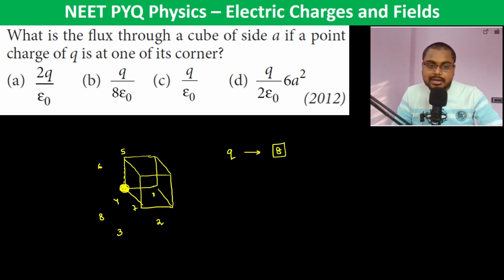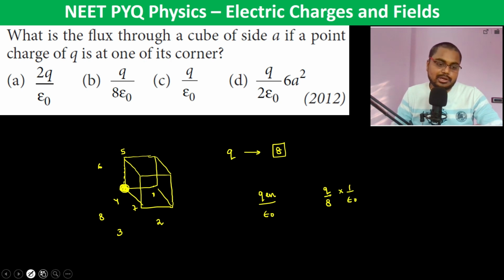So only 1/8 part is inside this cube. So now the flux is going to be equal to Q enclosed divided by epsilon naught. Since Q by 8 is enclosed inside, Q by 8 epsilon naught is going to be the answer.